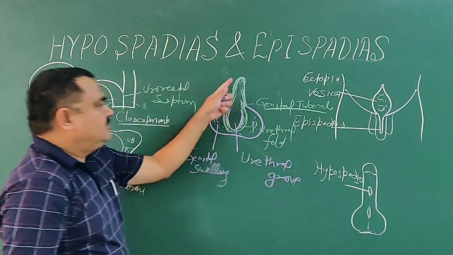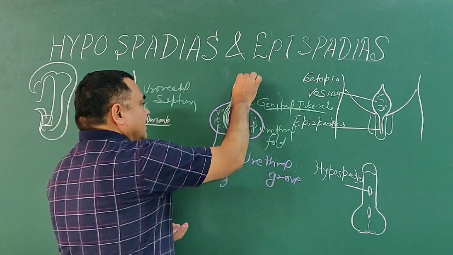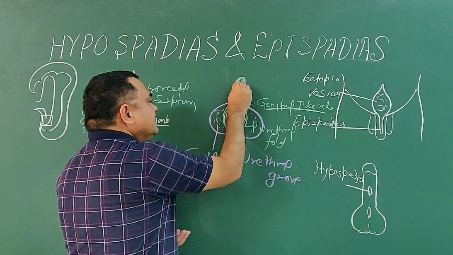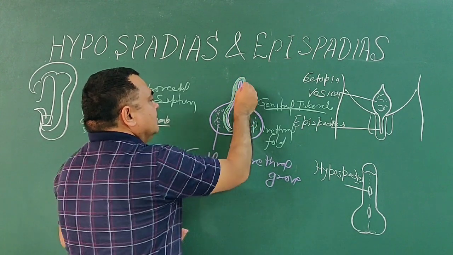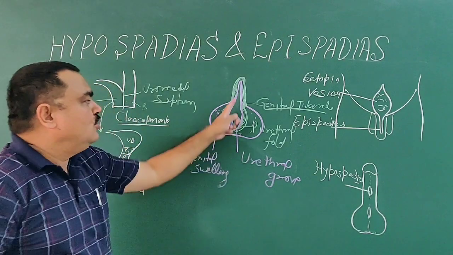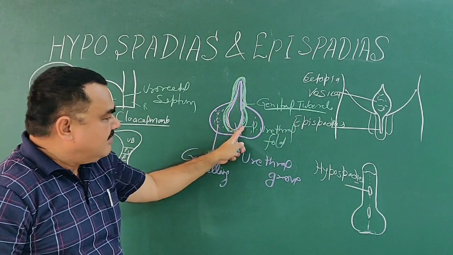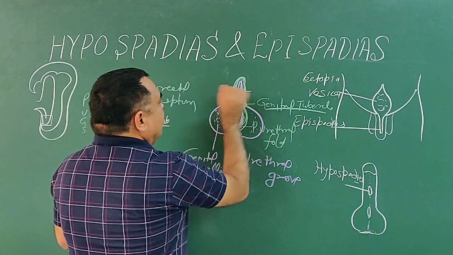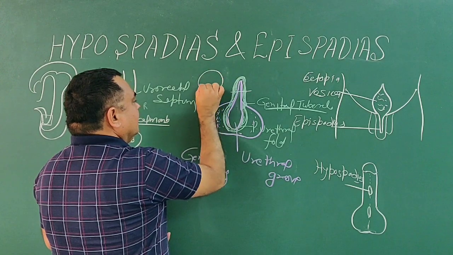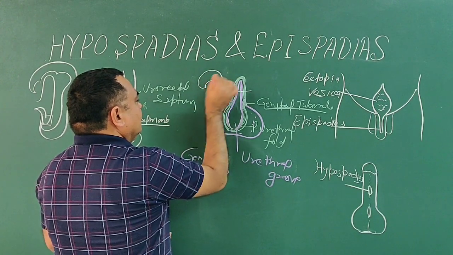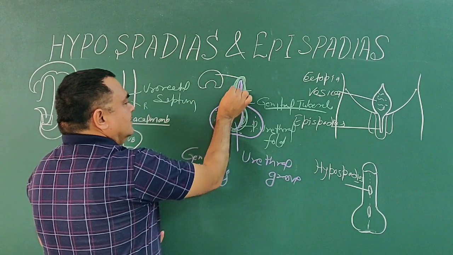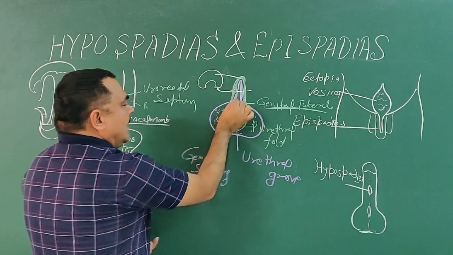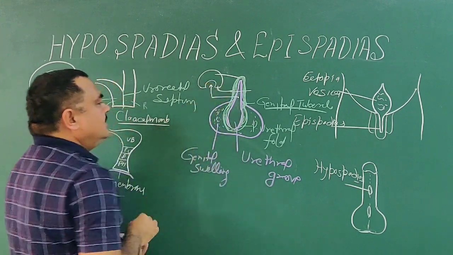With growth of this phallus, this groove is also extended along with it. The margin of this groove is formed by the urethral fold. If you cut a section at this level, you will find this is the phallus, this part is the urethral fold, and this is the urethral groove.